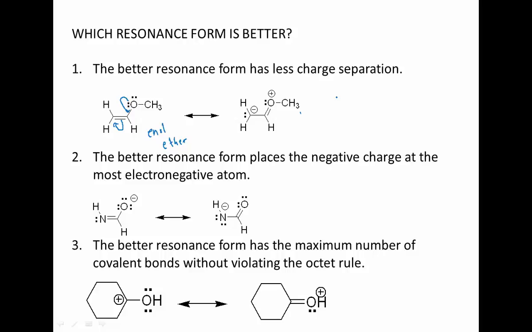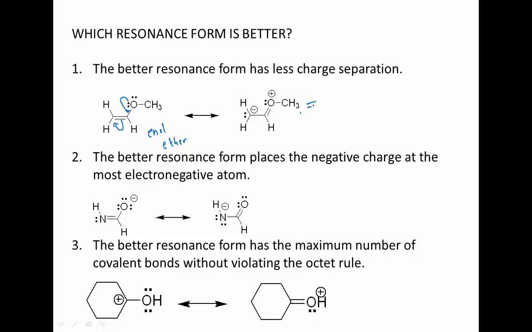And here we have this resonance structure that has a positive and a negative charge. If you look at the actual structure of the molecule, the structure on the left is the better structure, and this is because it has less charge separation. If you can draw a structure that doesn't have any formal charges, typically that's going to be a better representation than something that does. I'm going to add something about this, though.